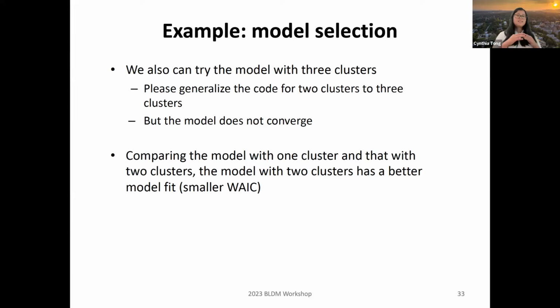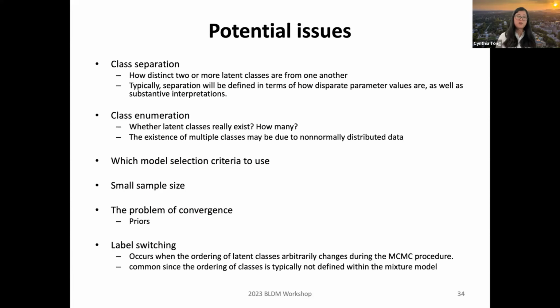Just like I said, this is really a very simplified version of growth mixture modeling. The real problems can be much more complicated than that. So the potential issues that we need to consider include class separation, class enumeration, and all these on the list.